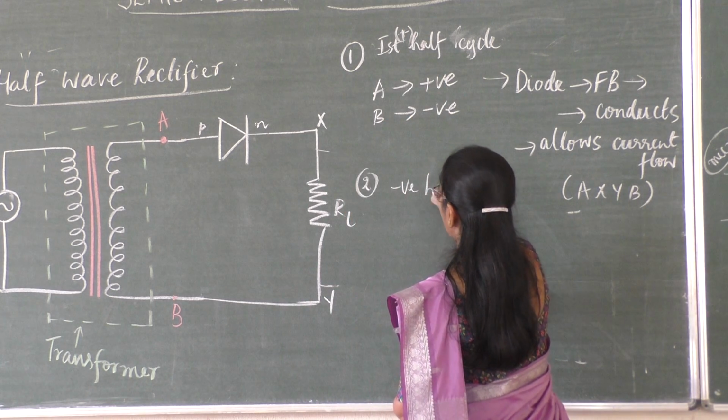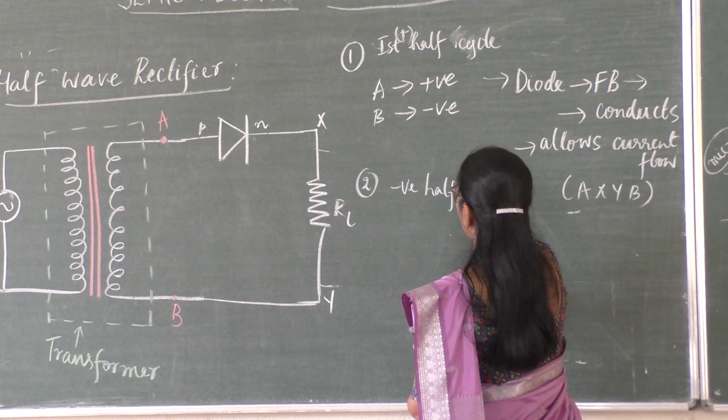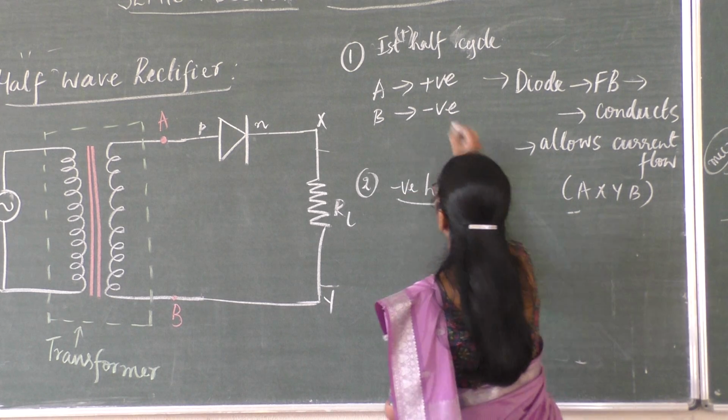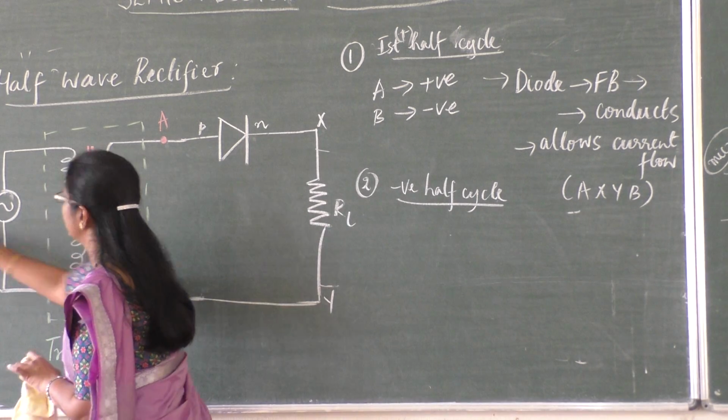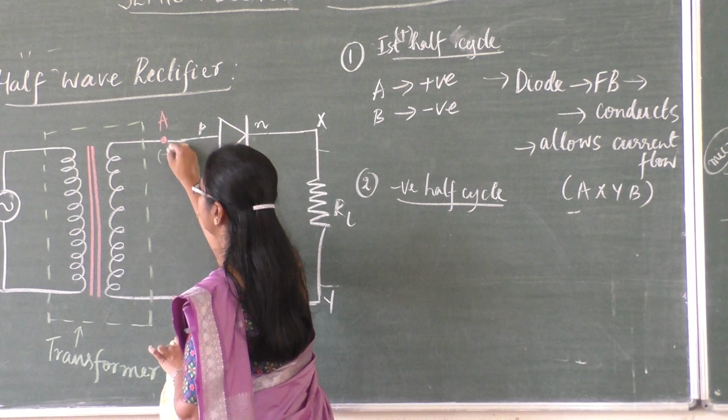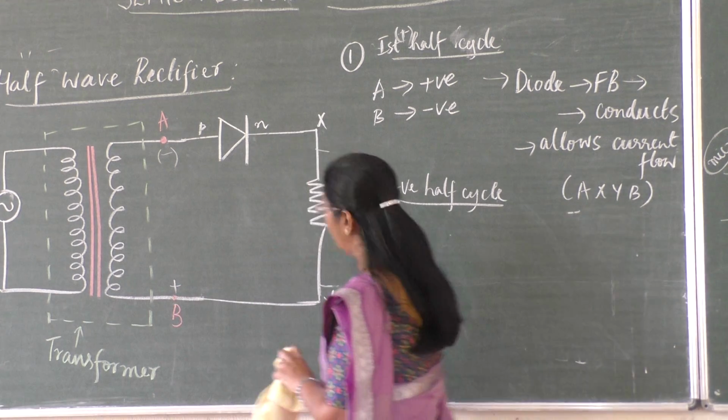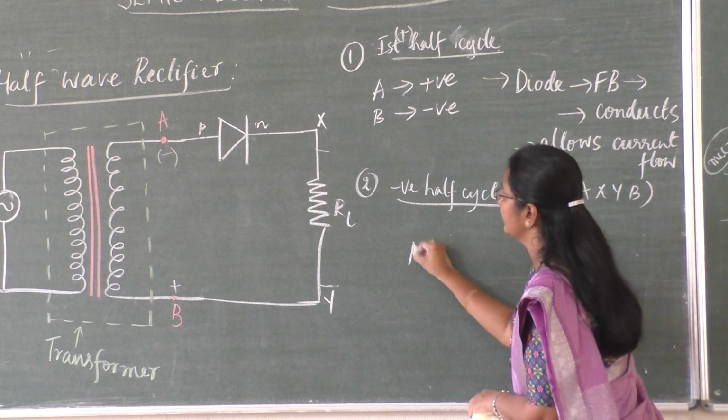In the negative half cycle, the reverse takes place. In this negative half cycle now, A is at negative potential, B is at positive potential. Everything we have to write in the reverse way.